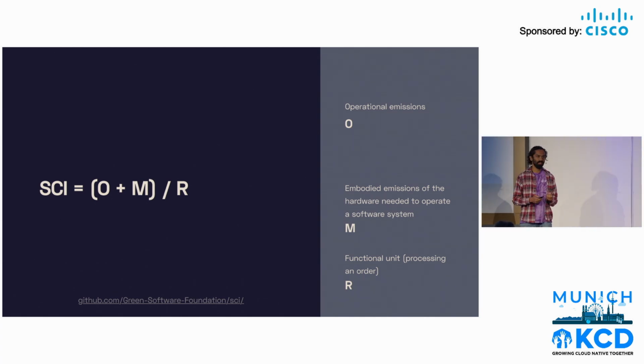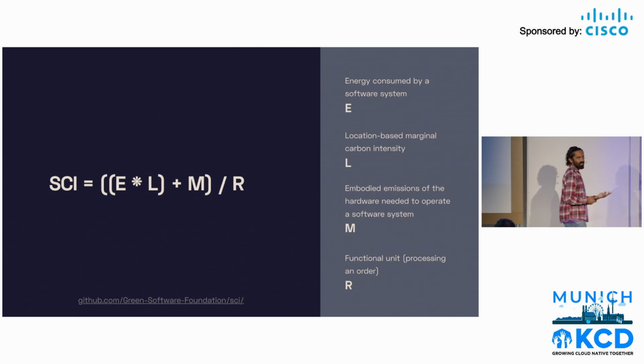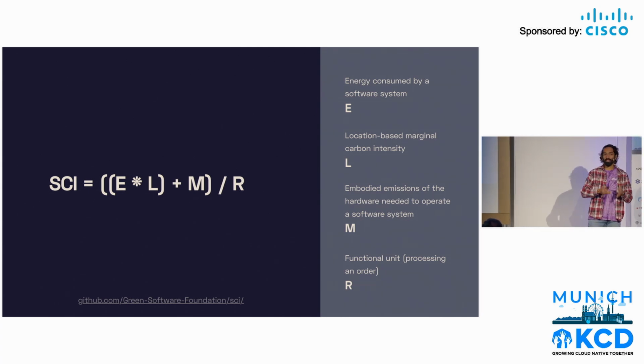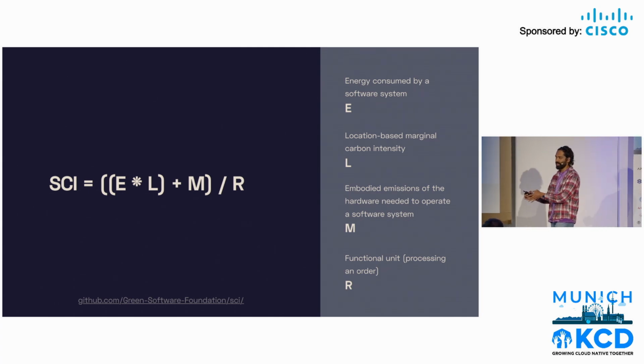The operational emission is how much energy it takes to actually operate your software on that piece of hardware. And that can be further categorized into E into L, where E is the energy consumed by the software system itself, and L is the location-based carbon intensity.